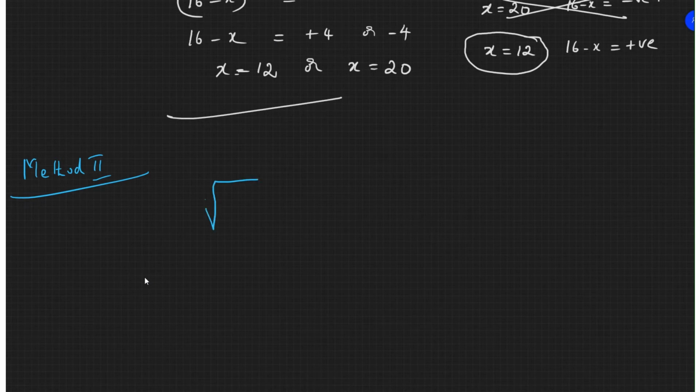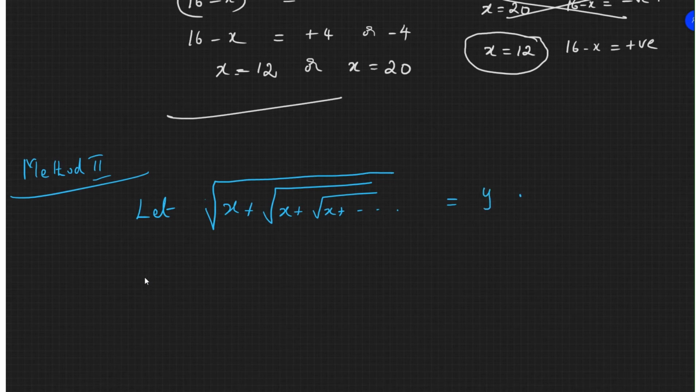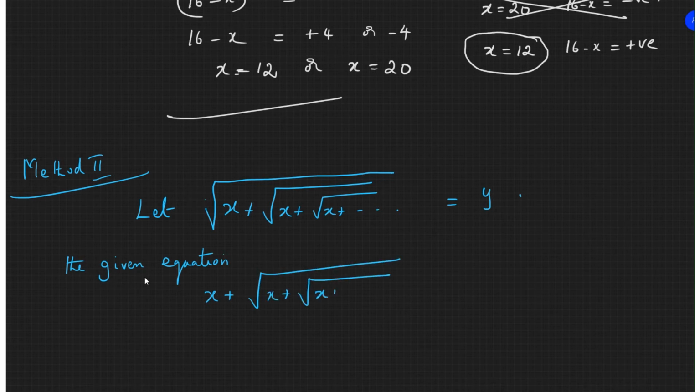If I take only the second term, which is x plus square root of x plus square root of x plus etc., as some variable, say y, the given equation will be x plus square root of x plus square root of x plus square root of x plus etc. The whole thing is y, and this is x plus y equal to y.